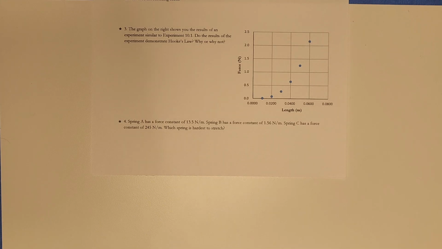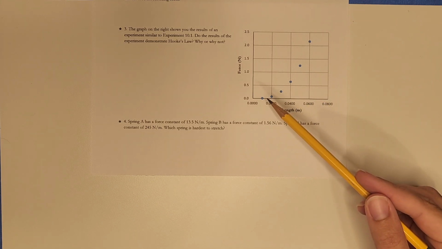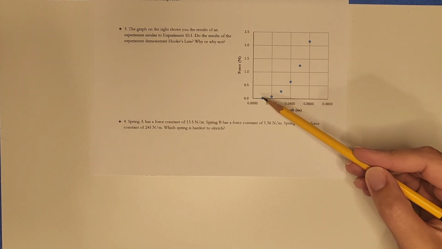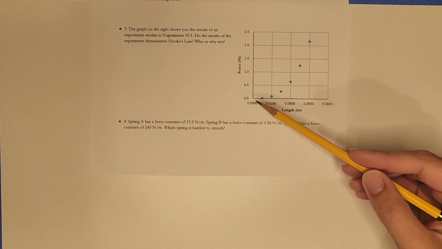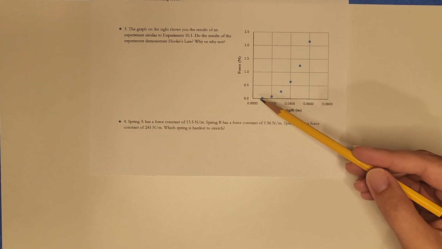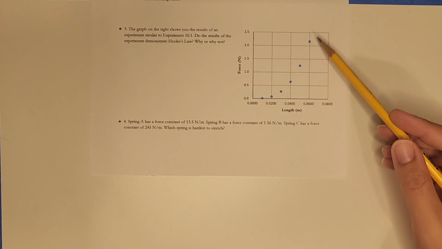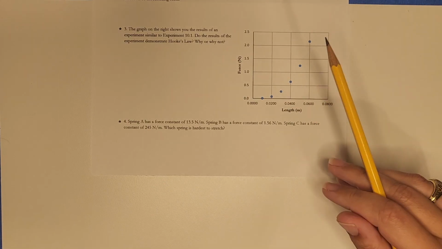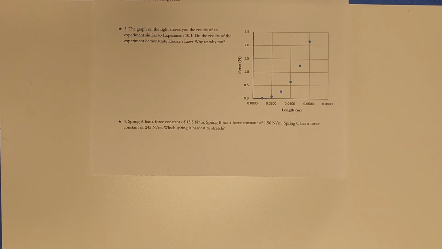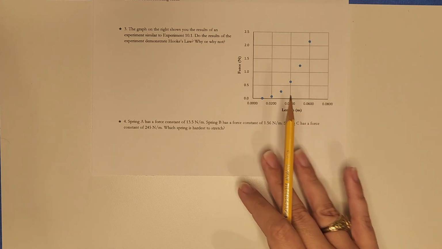And so the results of this experiment do not demonstrate Hooke's law because the data don't form a straight line. If we are conforming with Hooke's law, then these data points, when we connect them, would form a straight line. And this is clearly curved. Hooke's law says that the force is directly proportional to the distance from equilibrium. And so that's going to form a straight line on this kind of graph.